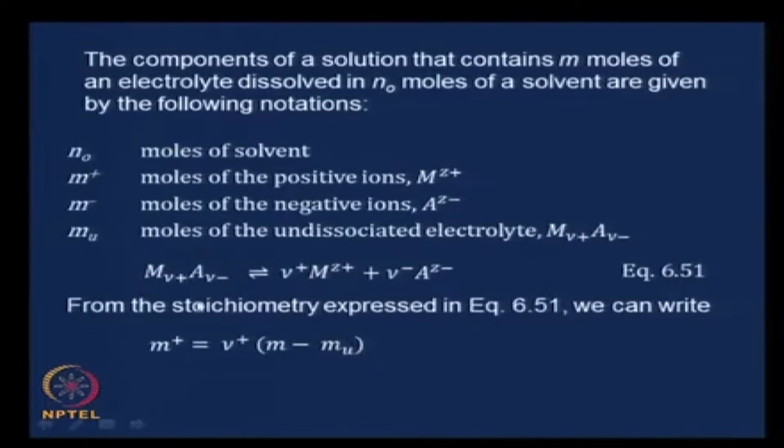If Mu is what is remaining here, m minus Mu must have converted, and 1 mole of this gives you nu plus moles of the positive ion, and therefore M plus equals nu plus into m minus Mu. Similarly, M minus would be nu minus into m minus Mu, equations 652 and 653.